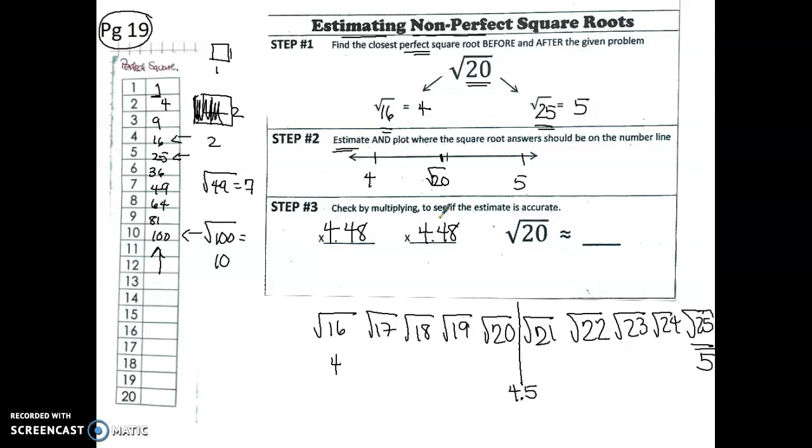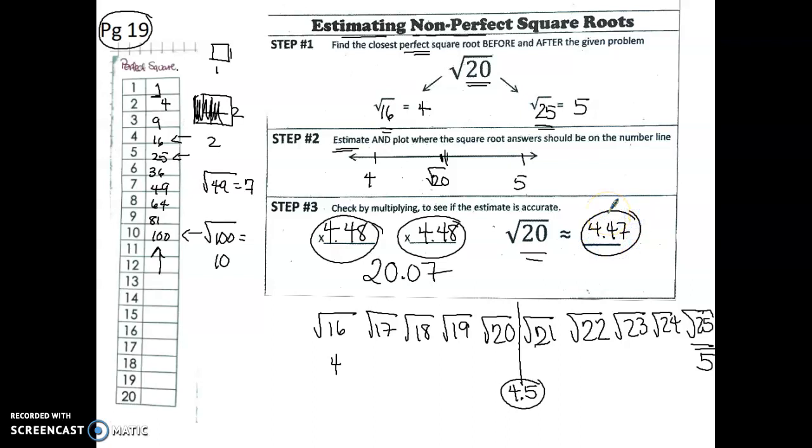I'm doing it on the calculator. Oh, I did pretty good. That's 20.07, which is pretty close to 20. I know it's not 4.5, because that lies right in between the square root of 20 and 21. And if I actually take the square root of 20 on my calculator, I get 4.47. I'm pretty good at this estimating stuff. Yes, that's why they asked me to do the video.